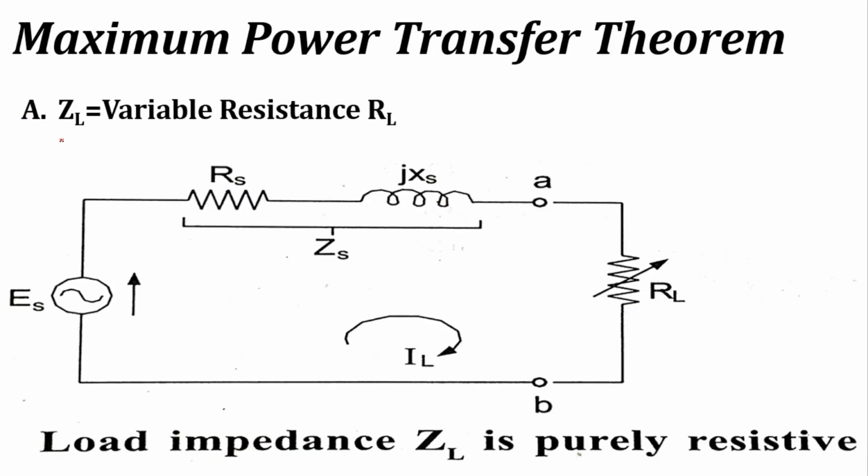Let's consider that the load impedance has only a variable resistance, but the source has both resistance as well as reactance. So the first case is one in which the load impedance has a variable resistance, and the source impedance has both resistance and reactance.